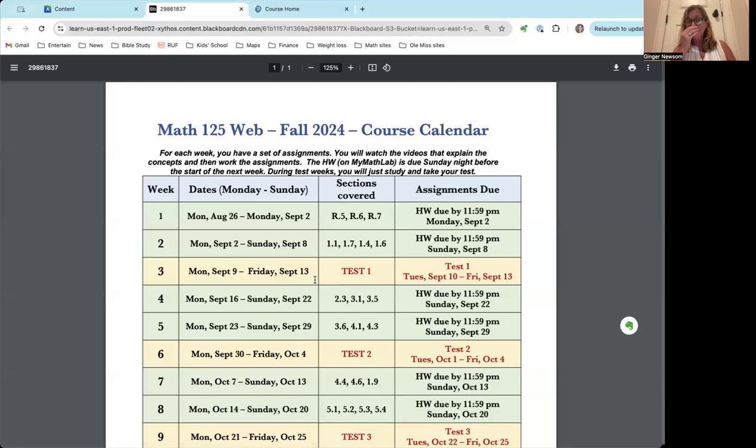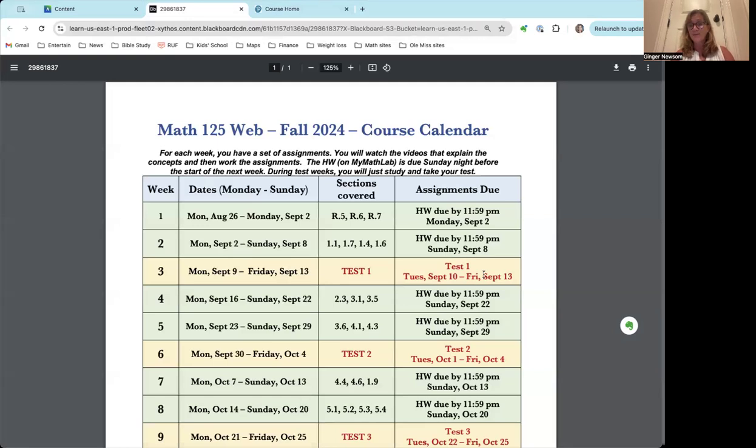Testing, we'll talk a little more about this, but basically for testing, you've got to go in and schedule an appointment at the testing center to take your test in person. The tests will be taken on a computer, but you'll do it at the testing center where you're proctored. I've got it set to where you can take it anytime Tuesday through Friday.